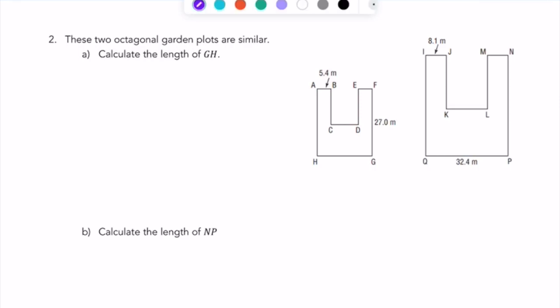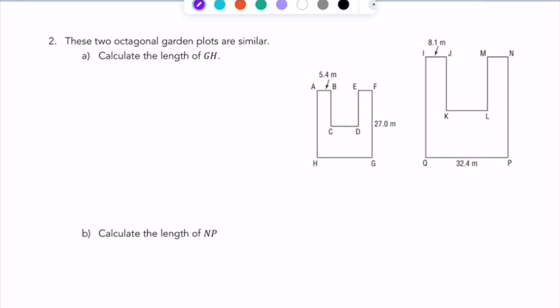So, we're told that they're similar, which means we could do all of the things that we did before in 9.2 to find the missing side lengths. So we want to find side length GH. Think about which one's corresponding to it. Yep, you've got it. It's PQ.